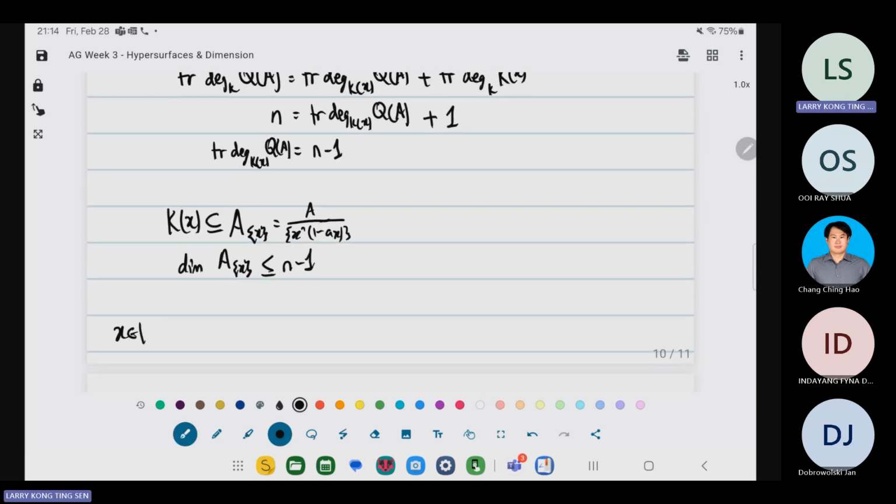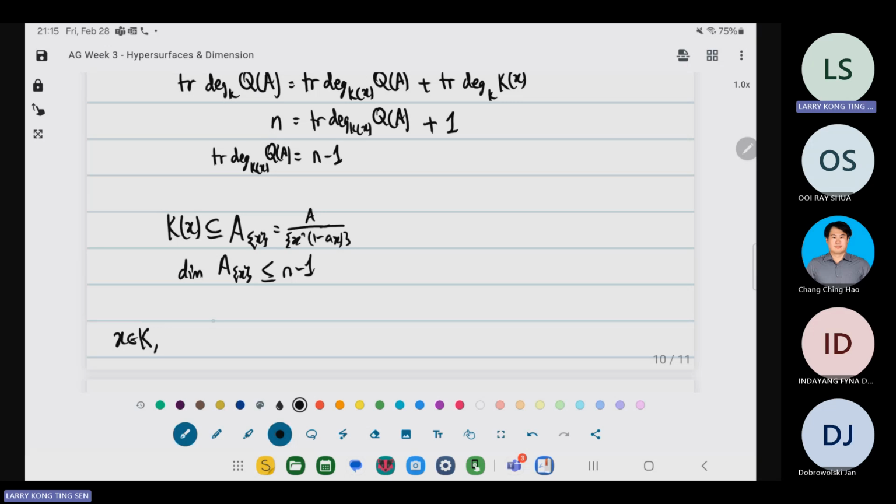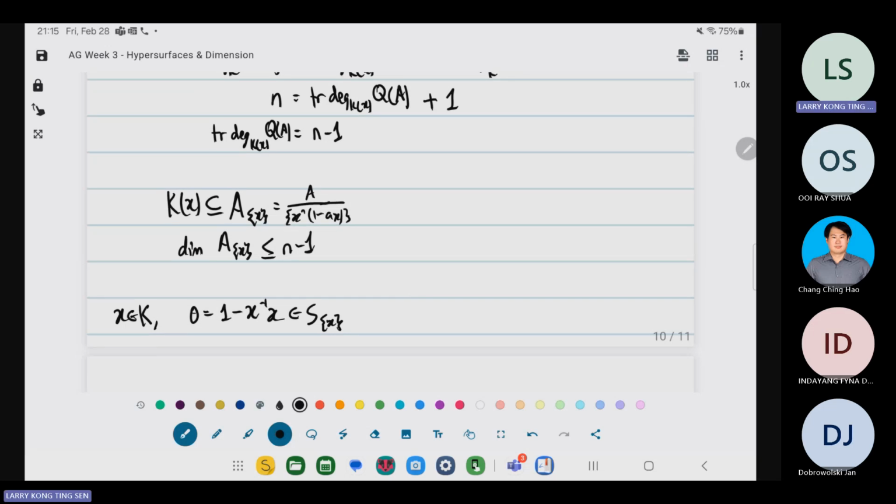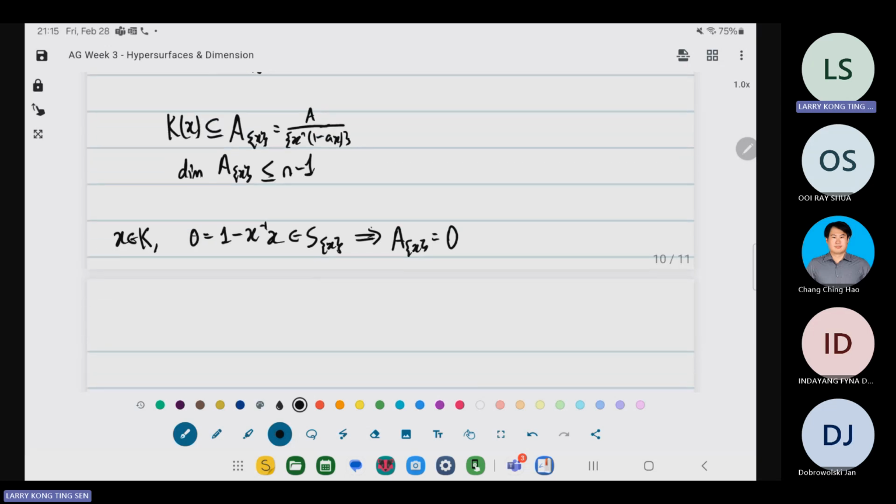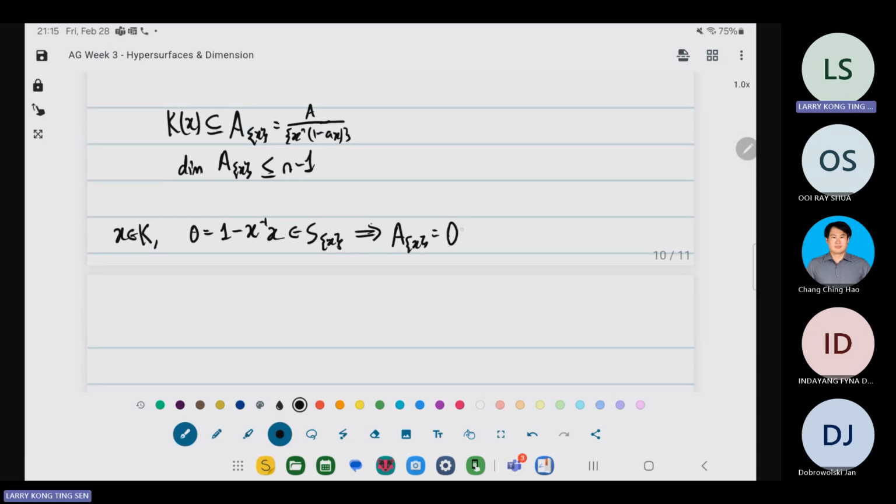So the x in K case is much easier. If x is in K, then 0 is in fact in S_x, because we can just write it as x inverse times x, and then it's in S_x. So this implies that, since 0 is in S_x, A_x is actually just 0.